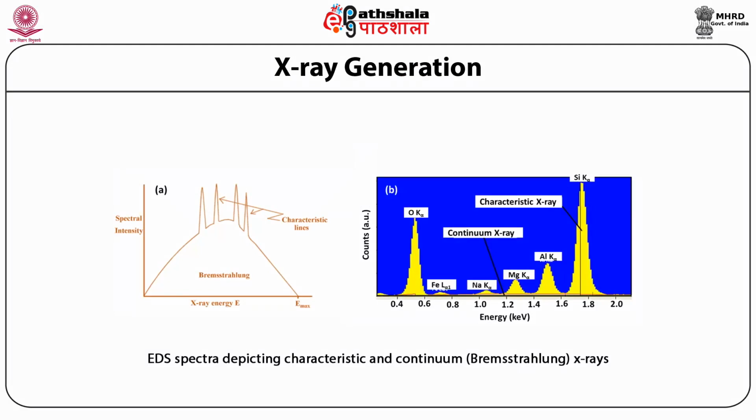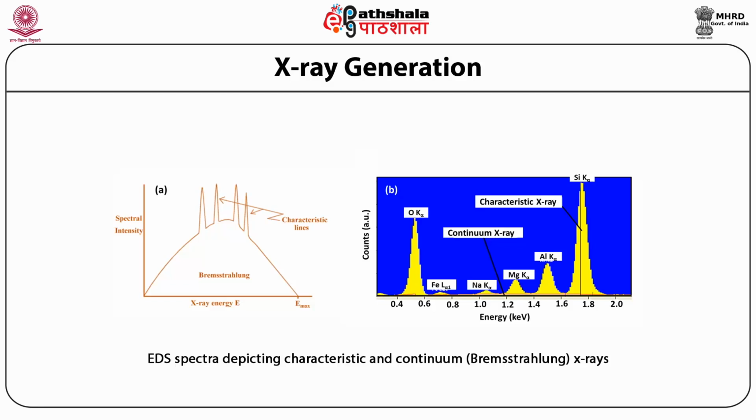Let us learn about the X-ray generation processes. The inelastic interaction of the electron beam with the specimen atoms produces two types of X-rays in the scanning electron microscopy system, and peaks in the energy spectrum appear.